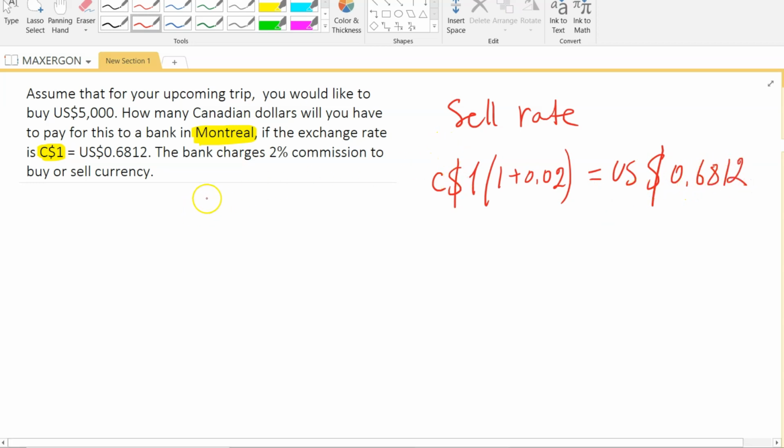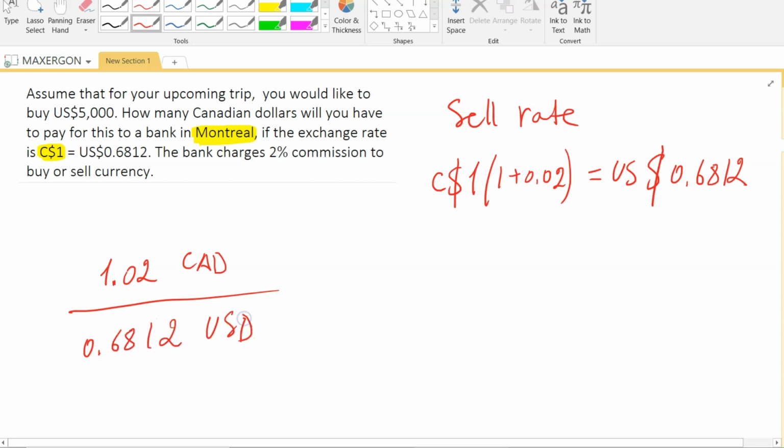With this sell rate, we'll now build the following relationship. 1.02 Canadian dollars is to 0.6812 USD. That should be the same as a known number of Canadian dollars to 5,000 USD. From this, we'll find X.